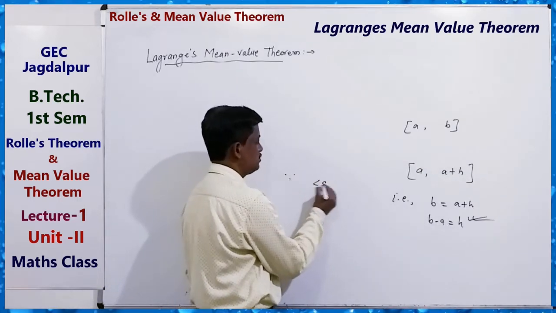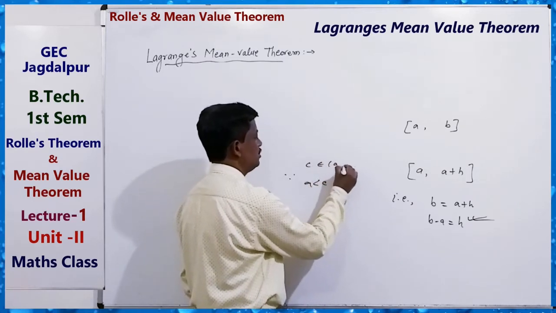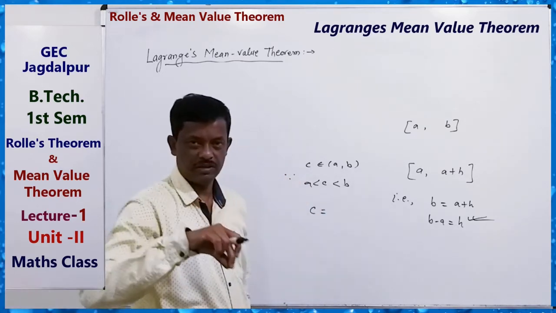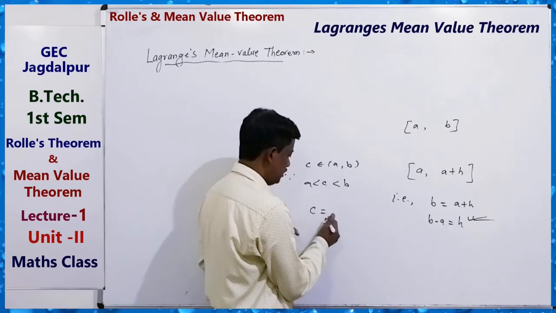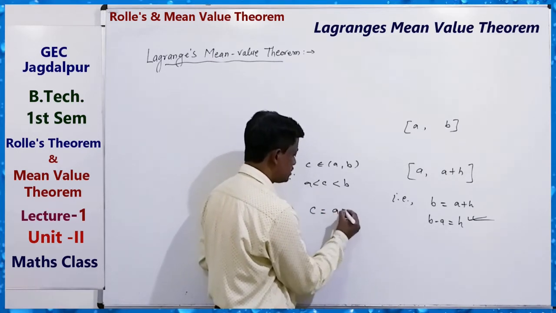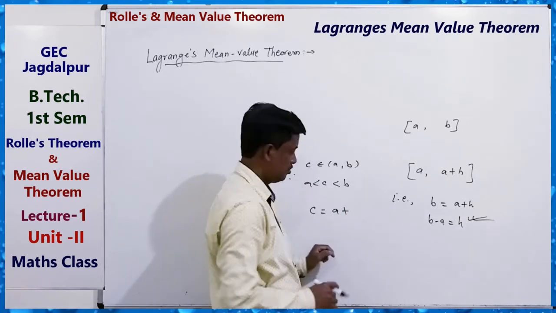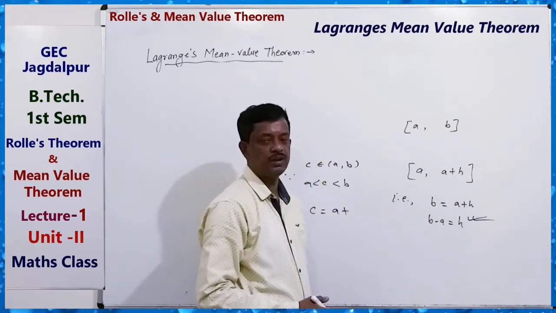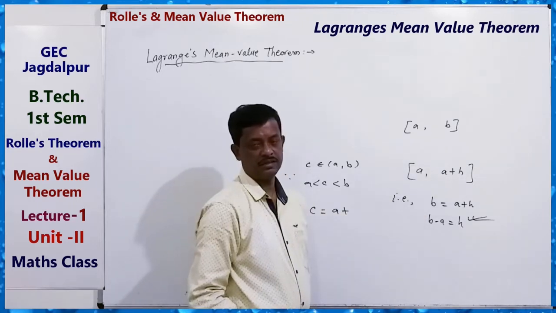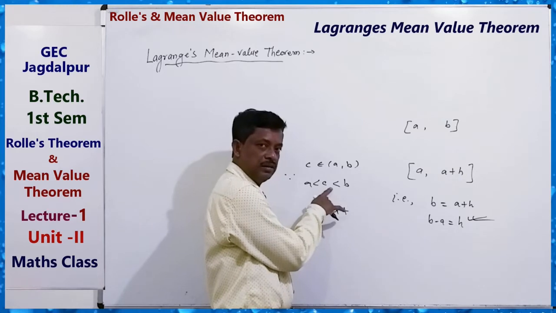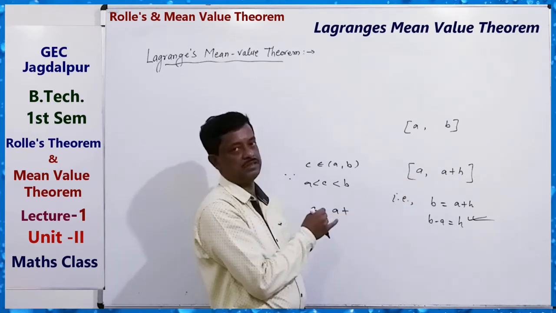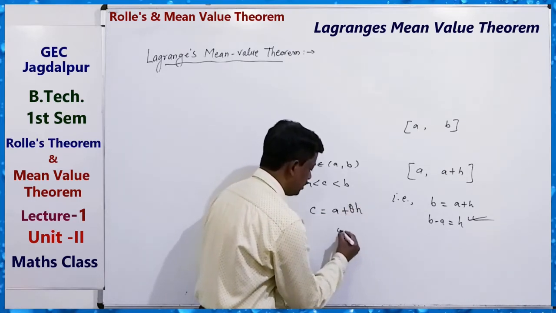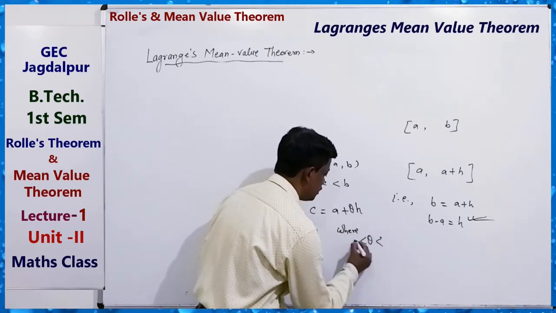Since C lies between A and B, C belongs to the open interval, greater than A and less than B. That means C can be written as A plus some value, because the length is H. At most its value may be A plus H, but it is an open interval, so it is less than A plus H. That is A plus theta H, where theta lies between 0 and 1.